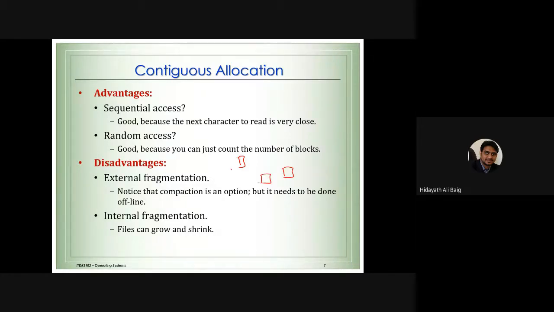Remember, we talked about the memory holes. So this is process 2, for example. Process 1 wants more memory. It is available here and it is available there, but it cannot use it because the contiguous memory allocation wants the memory to be in the same location.